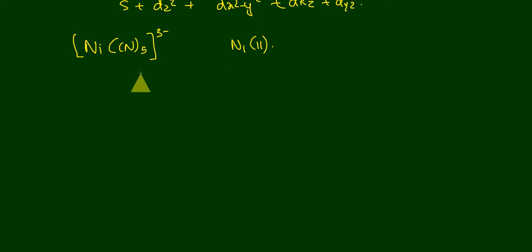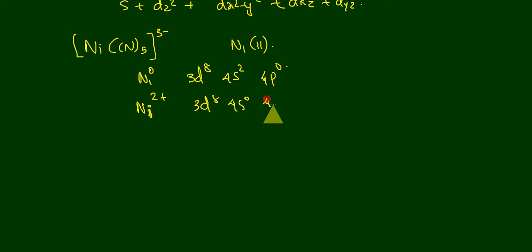So the electronic configuration of the nickel in the zero oxidation state is, nickel's atomic number is 28. Therefore, it is 3d8 4s2. Okay, 3d8 4s2 4p0. Okay, this is the electronic configuration when it is a neutral atom. But when it is nickel 2 plus, then it will be 3d8 4s0 4p0.